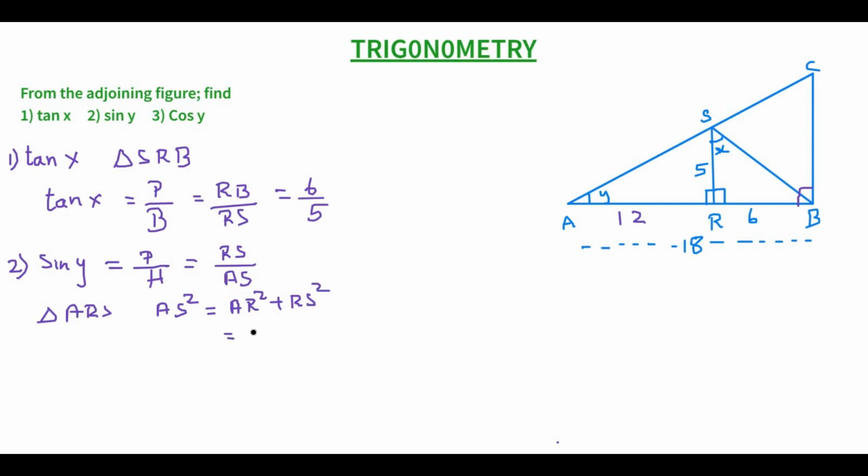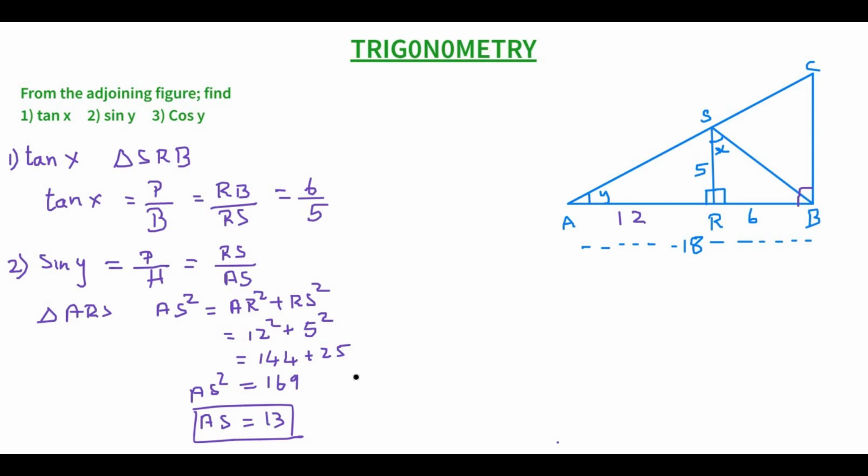And as we know, AR is 12, so 12 square plus 5 square. What is 12 square? Right, 12 square is 144, 5 square is 25. So we get 169. So AS square is equal to 169. So what is AS? AS equals the square root of 169, which is 13. Isn't it easy? We have found the value of AS using the Pythagoras theorem. So the value of this is 13.